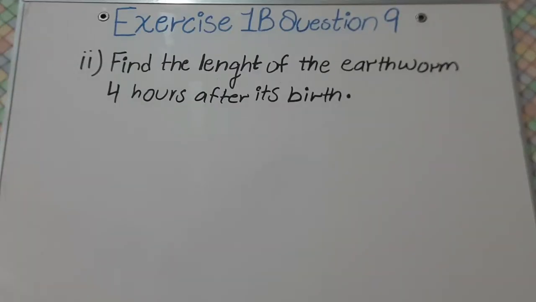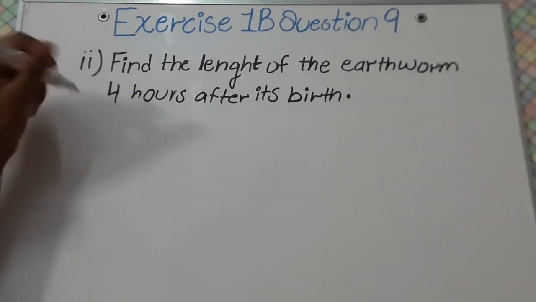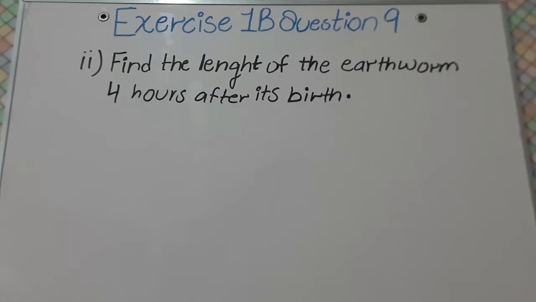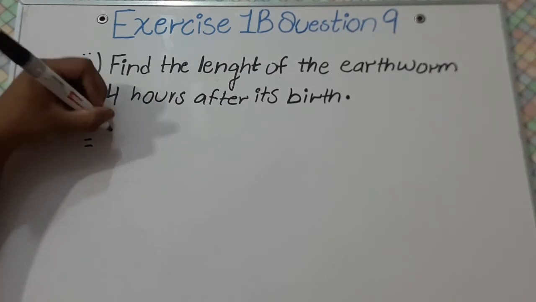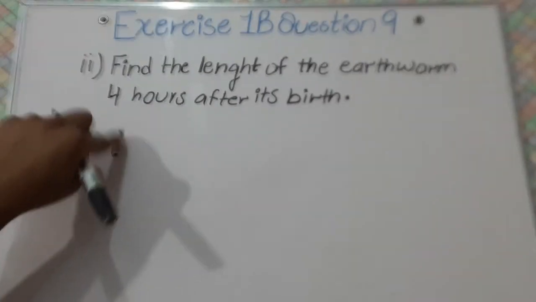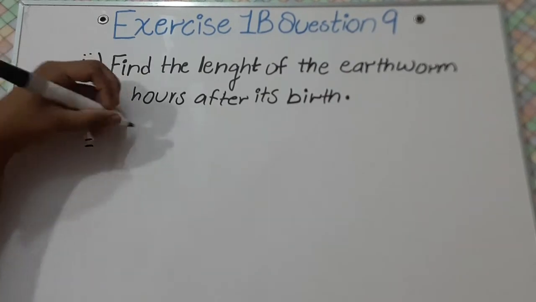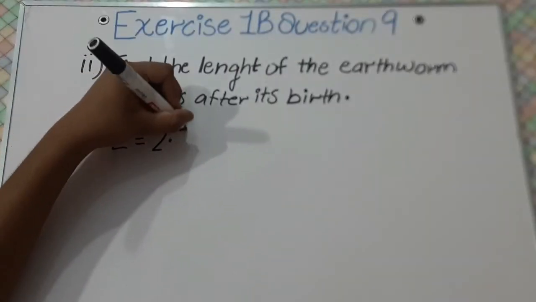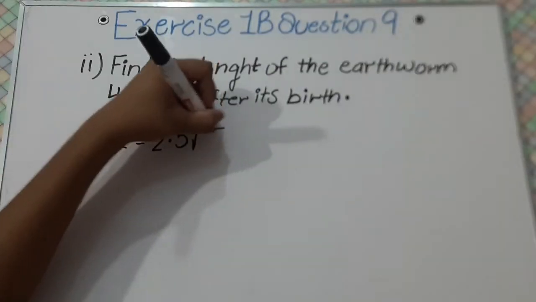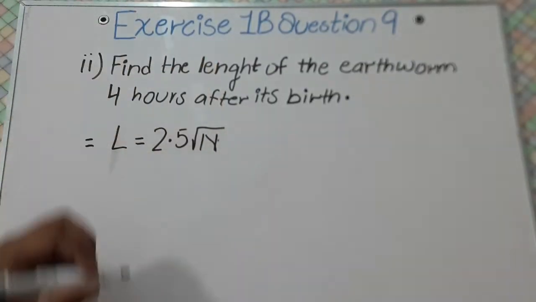So now I have written part 2 of this question. It says find the length of the earthworm 4 hours after its birth. So we are going to use the formula. The formula is L equals 2.5 under root n.